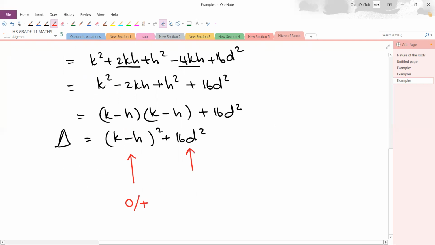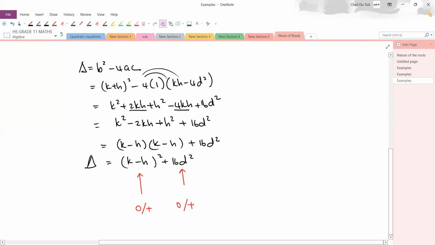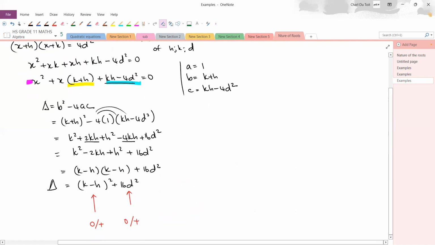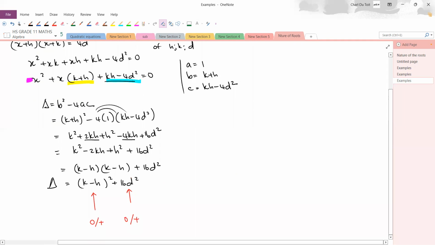If I square it, it will be a positive or a 0. And if I times it with 16, it will be 0 or a positive value. So it will always be what? Real. Because it will always be either 0 or a positive. So out of this, delta will always be larger than or equal to 0.